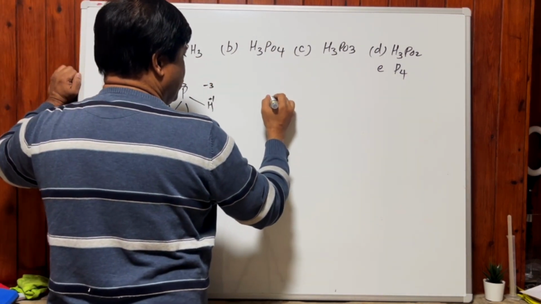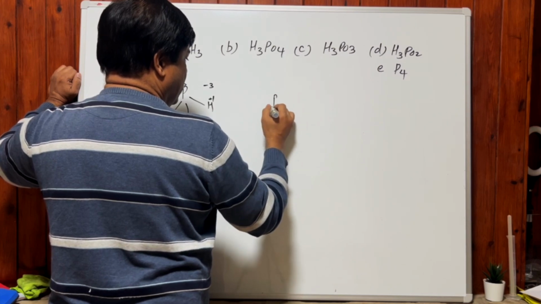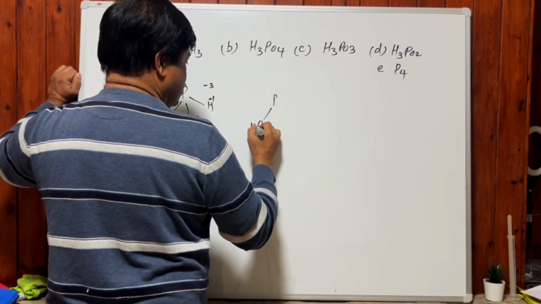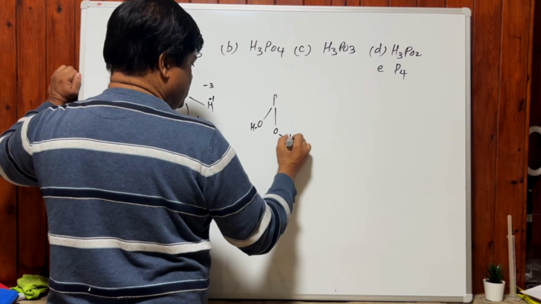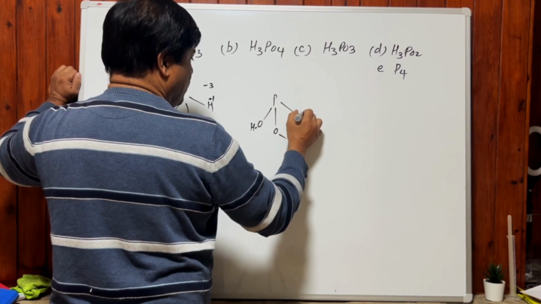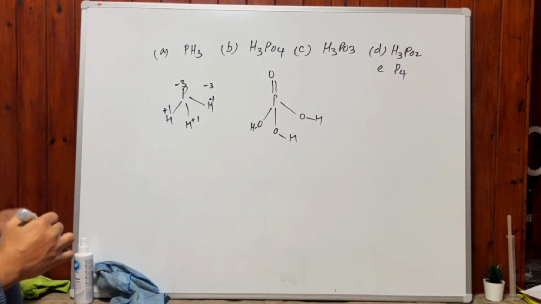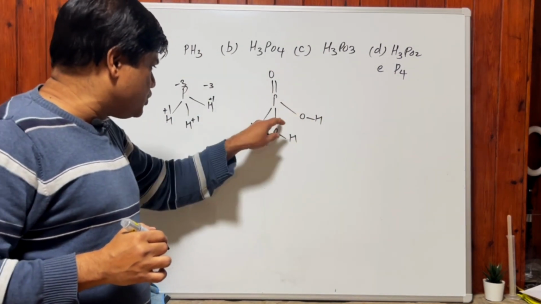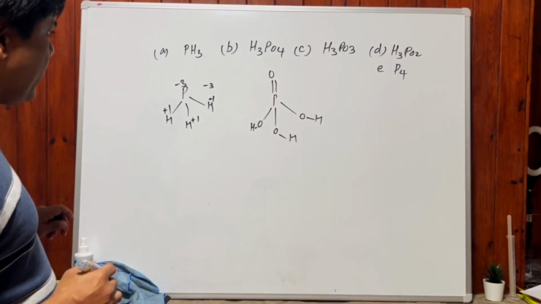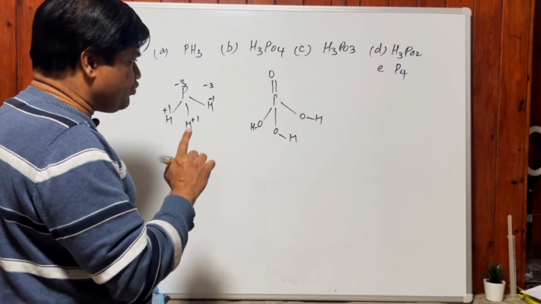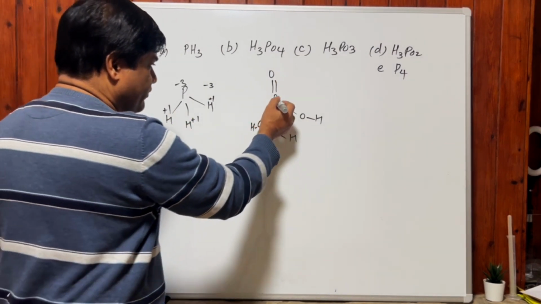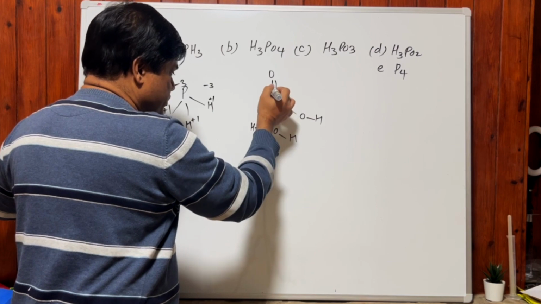Now H3PO4: P, O hydrogen, O hydrogen, O hydrogen, double bond O. Phosphorus can form 5 bonds, 1, 2, 3, 4, 5. Phosphorus is less electronegative compared to oxygen.